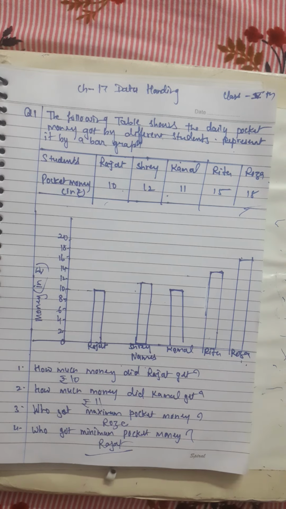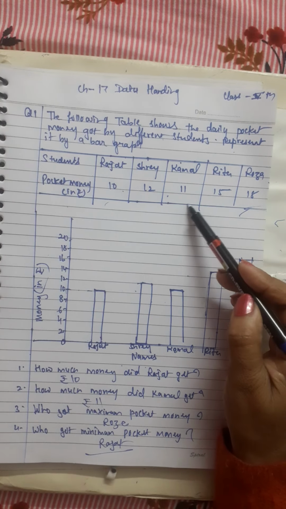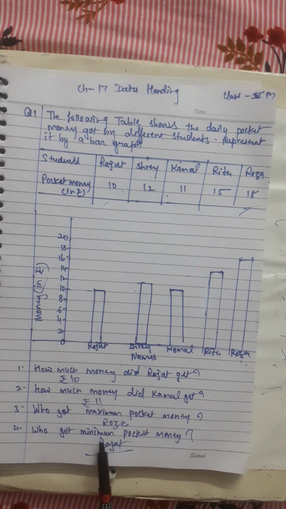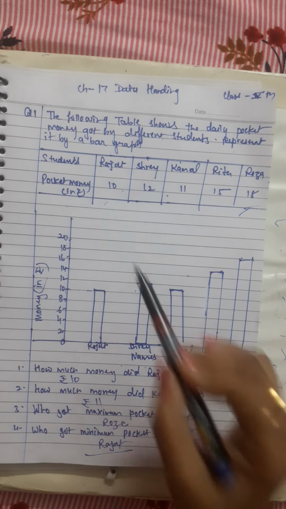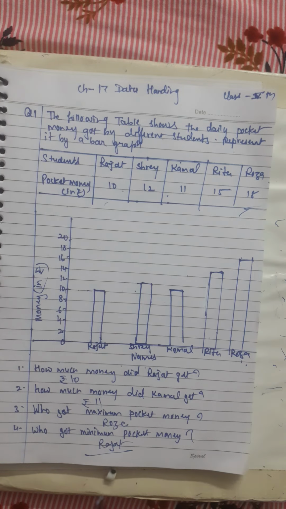How much money did Kamal get? Kamal got 11 rupees. Who got maximum pocket money? 18 is the largest number, so Rosa got maximum pocket money. Who got minimum pocket money? 10 is the smallest number, so Rajat got minimum pocket money. He got only 10 rupees.